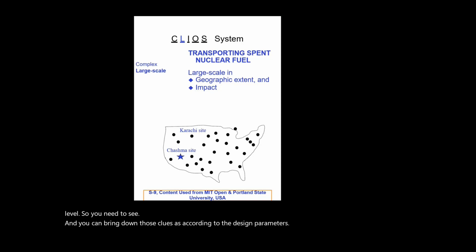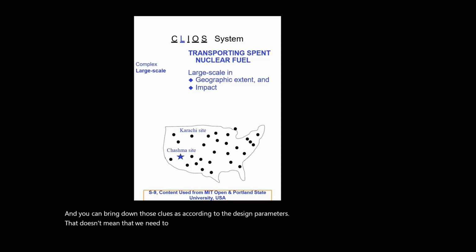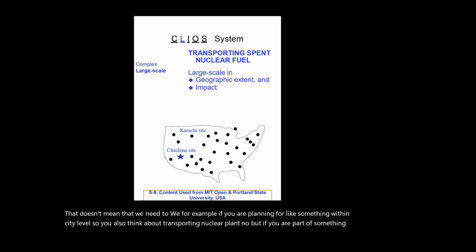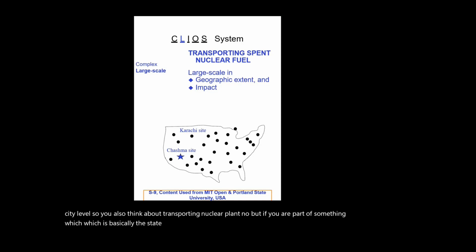If you are planning something at city level, you would not think about transporting a nuclear plant. But if you are part of something at the state level, like what is going on with the ML1, with the CPEC project, and you violate those issues, this is not a mistake, this is a blunder.